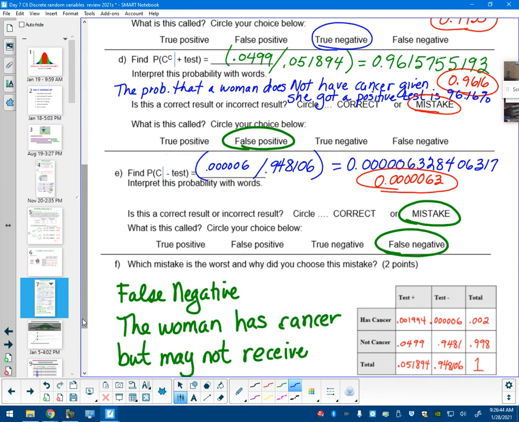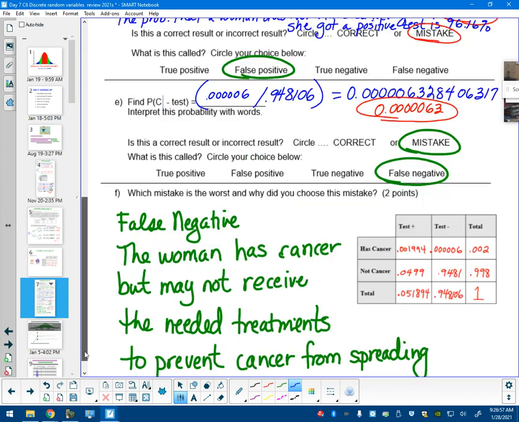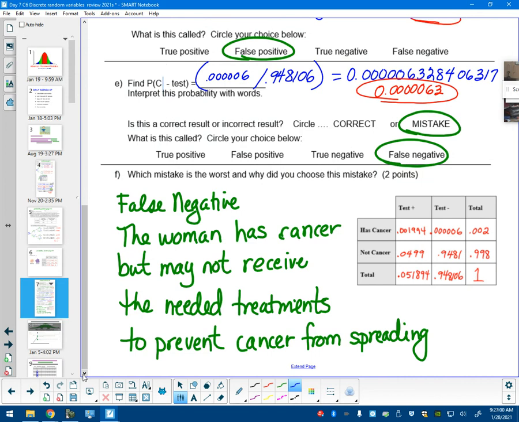You know, because our world now has sin thanks to Adam and Eve. Just kidding, sort of. All right, did you guys agree with me that the false negative is the worst? Because then you might not get treatment, and the cancer might spread, or even worse.